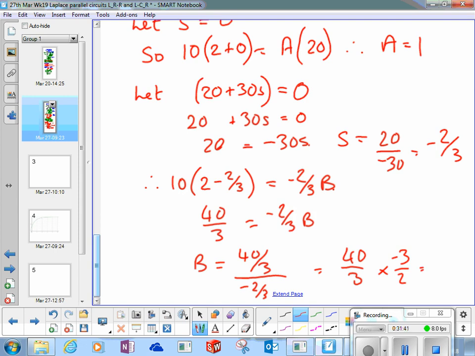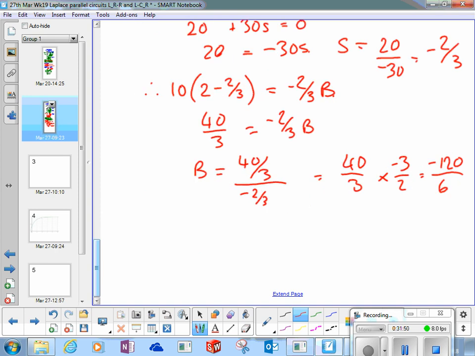Minus 3 times 40 over 6 equals minus 20. Just wanted to know how you got there. Okay. Everybody happy with that? We can now put those back into our partial fractions.